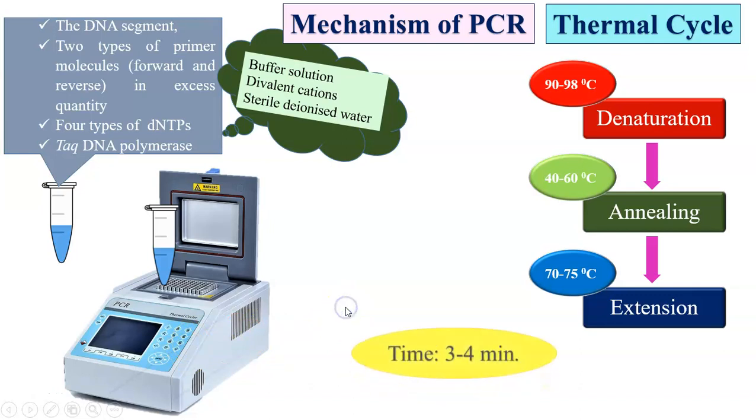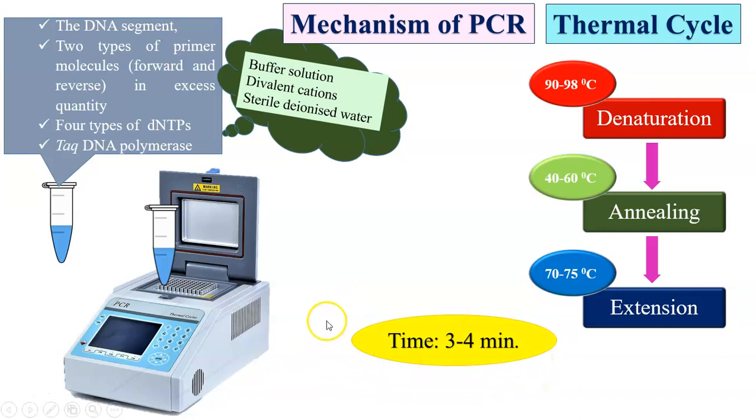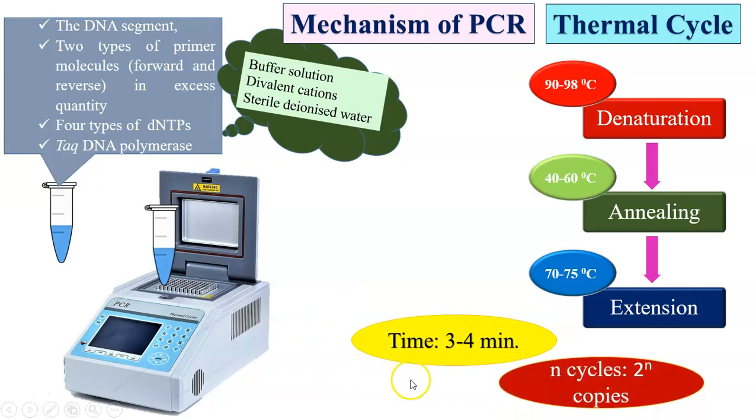This entire cycle, one cycle, takes 3 to 4 minutes. And if n number of cycles are conducted, then 2 raised to n number of copies of DNA are produced. The thermal cycle, now the detailed steps we will study.